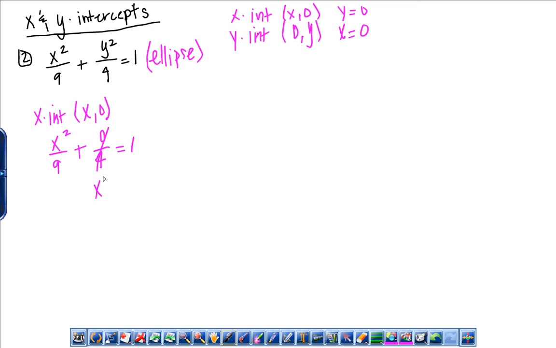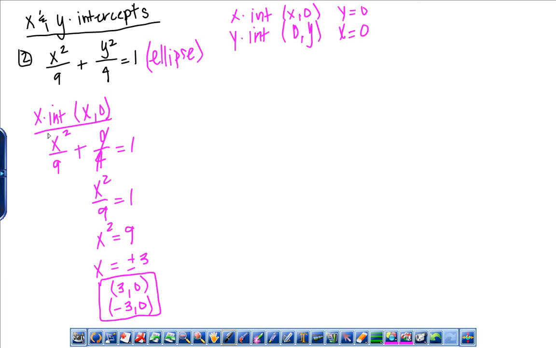And then you just have x squared over 9 equals 1. So really, this is the easiest way. Multiply by 9, and you're getting x squared equals 9. Solve that. x is equal to positive and negative 3. So your x-intercepts are (3, 0) and (-3, 0).